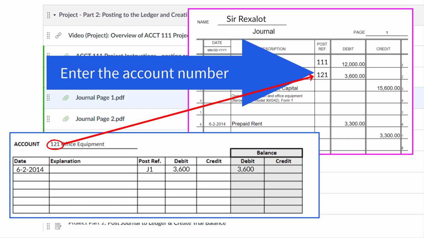And then back in the journal, in the post reference column, we write down the account number of the account we just posted it to, which was 121. Now the reason we put this account 121 in there is to let everyone know that that $3,600 debit has been posted.